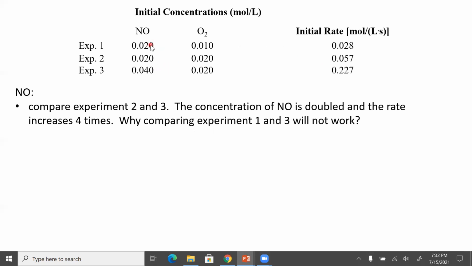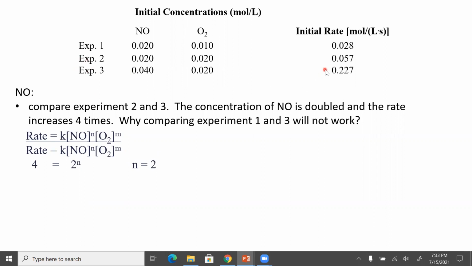We couldn't compare trial 1 to trial 3 because from trial 1 to trial 3, the nitrogen monoxide changes, and the concentration of oxygen changes too. We wouldn't know which change causes the rate change. So we're going to look at trial 2 and trial 3. What I would do is put the bigger numbers on the top and the smaller numbers on the bottom. So I'm looking at experiment 3 relative to experiment 2.